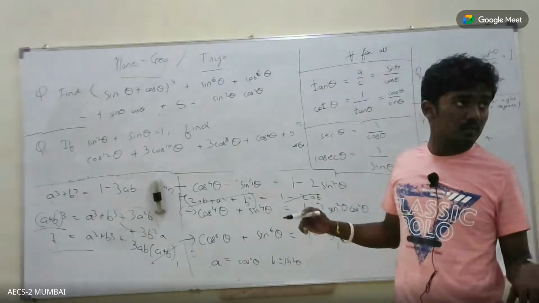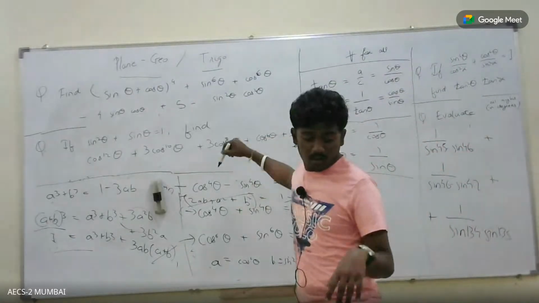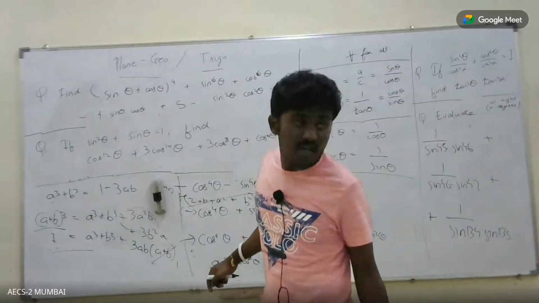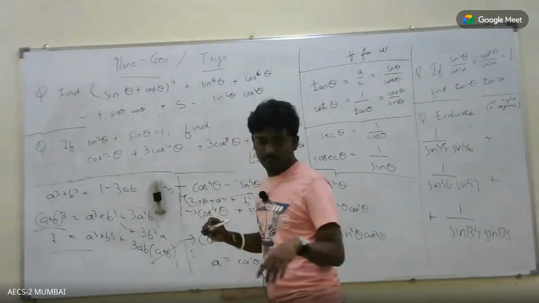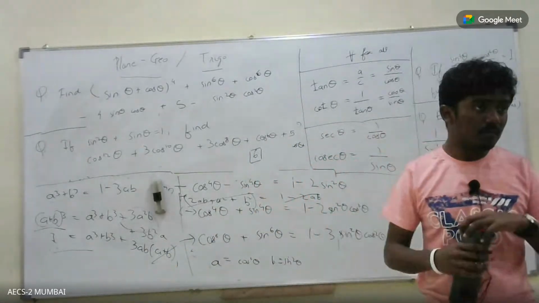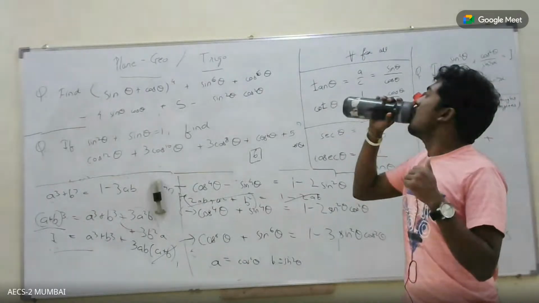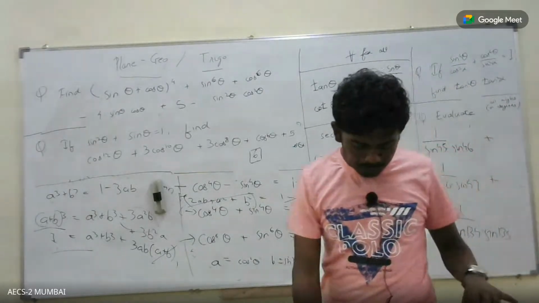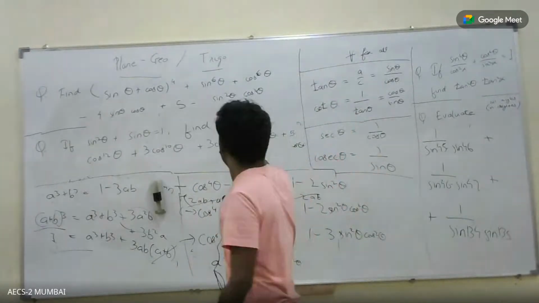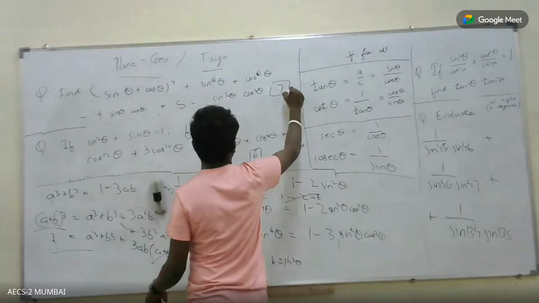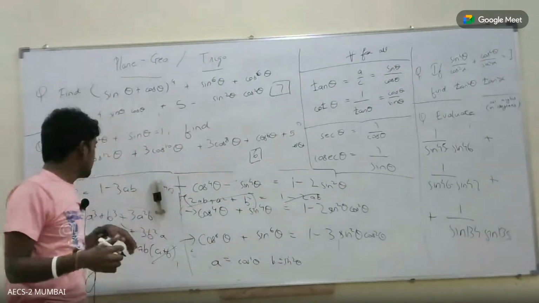Yeah, that's correct. 6 is right. So that one is 7. Perfect. This one is 7, and the next one is 6. Good job.